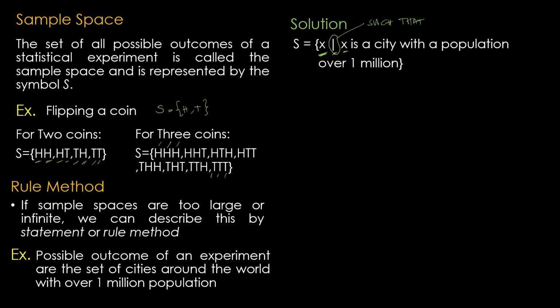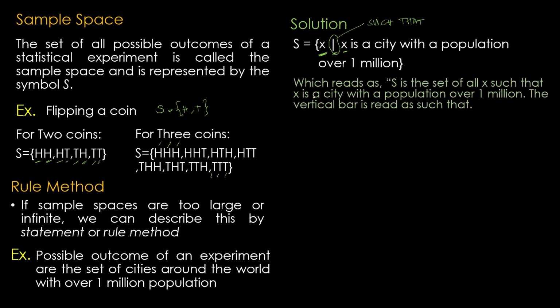We cannot write down all the cities, that's not efficient and a waste of time. Instead, you just write the sample space using this: S is the set of all x such that x is a city with a population over 1 million. The vertical bar is read as such that.